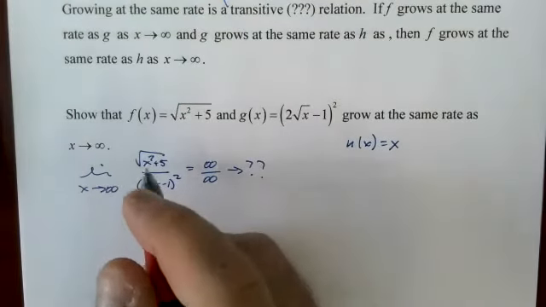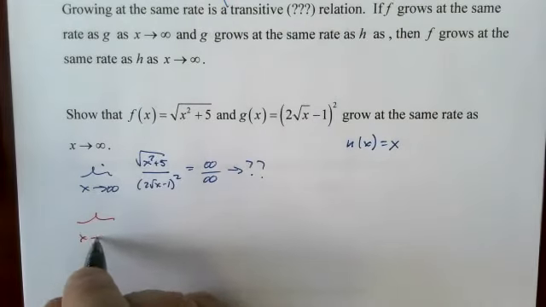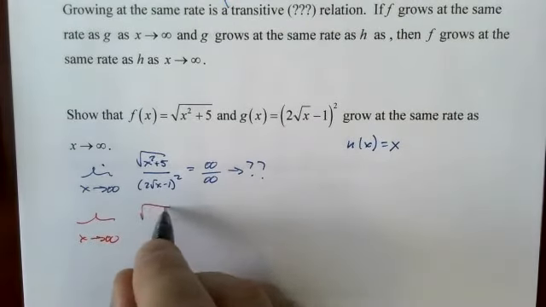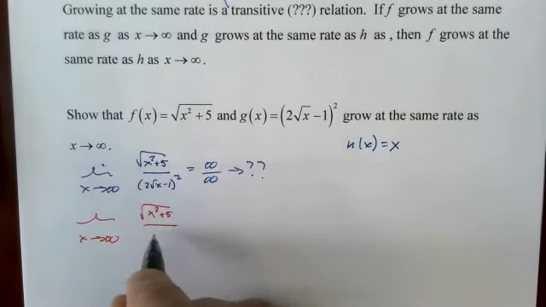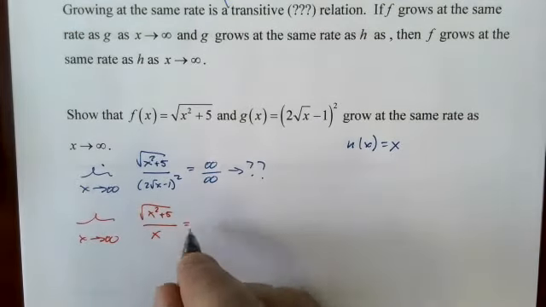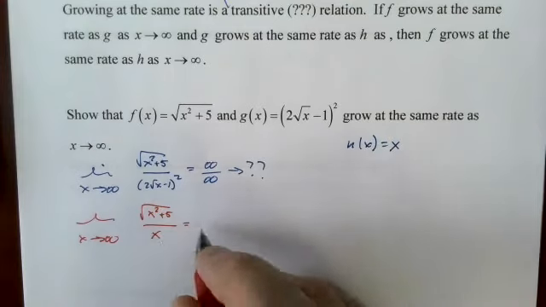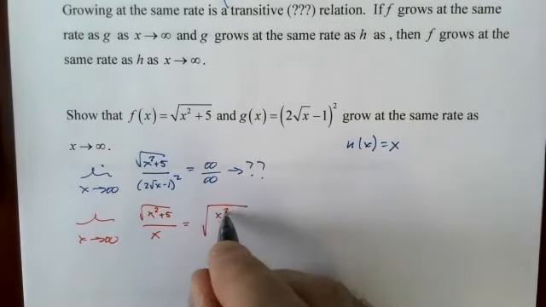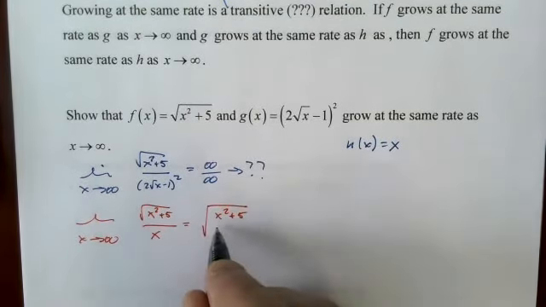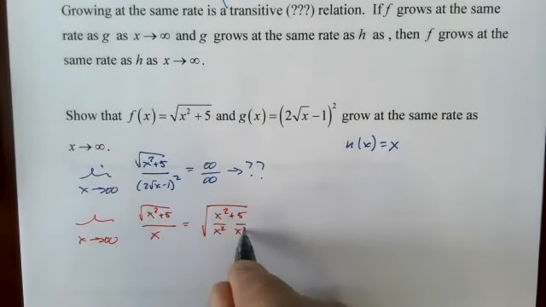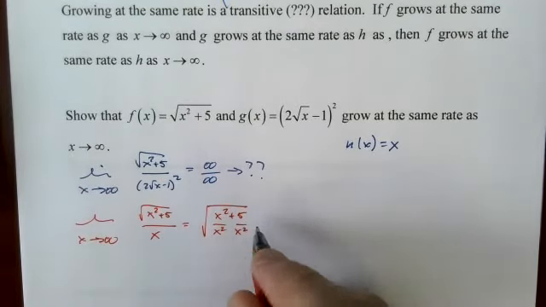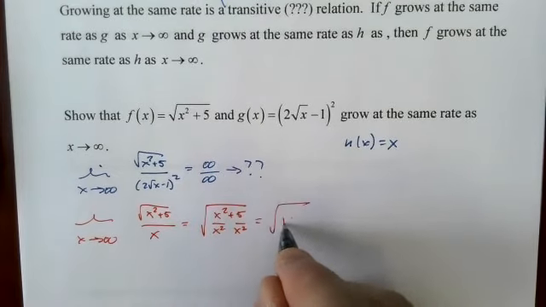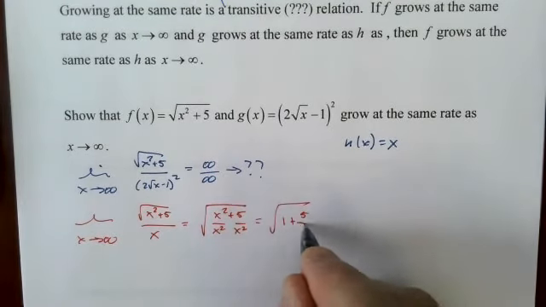So let's do root x squared plus 5 over x. All right, before we do calculus, I'd shove it in there as an x squared. So it's x squared plus 5, and I'd distribute it. So we are still there at 5 over x.